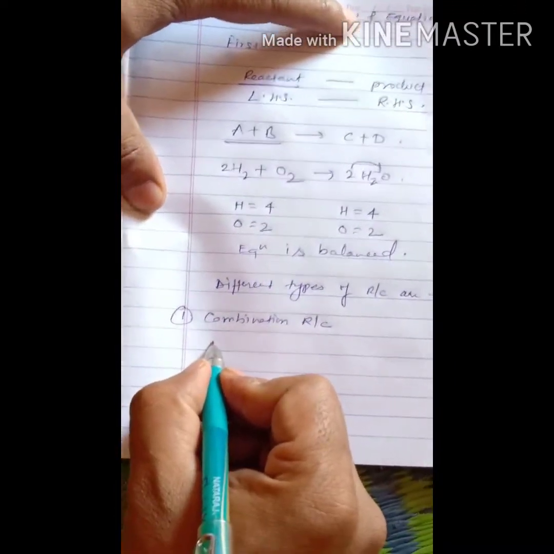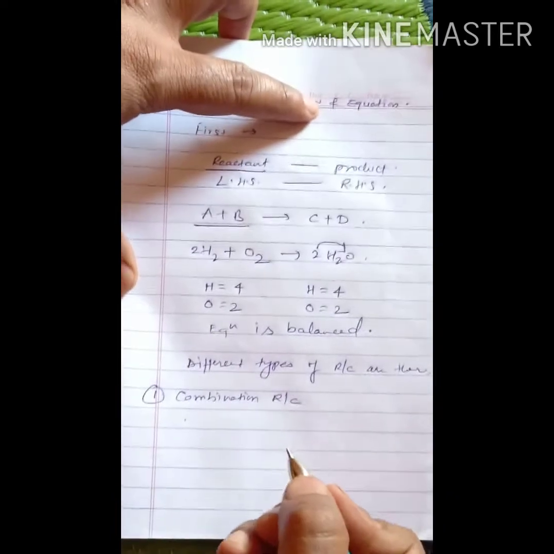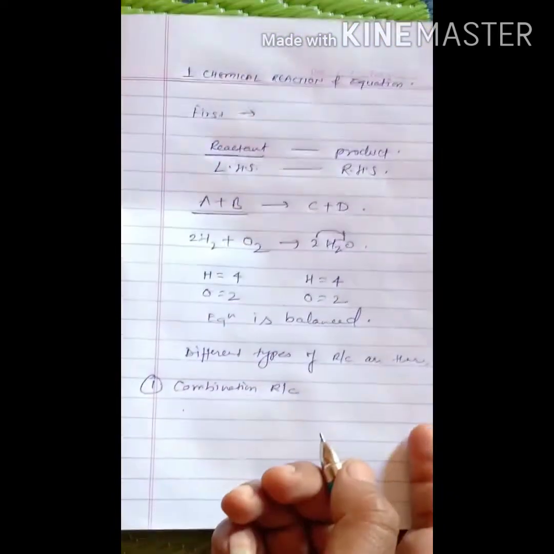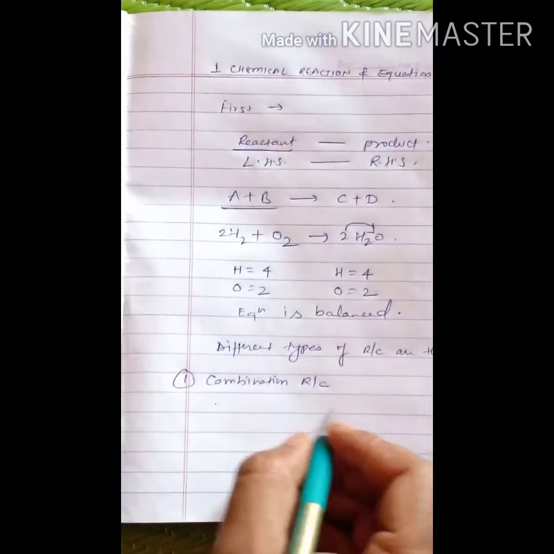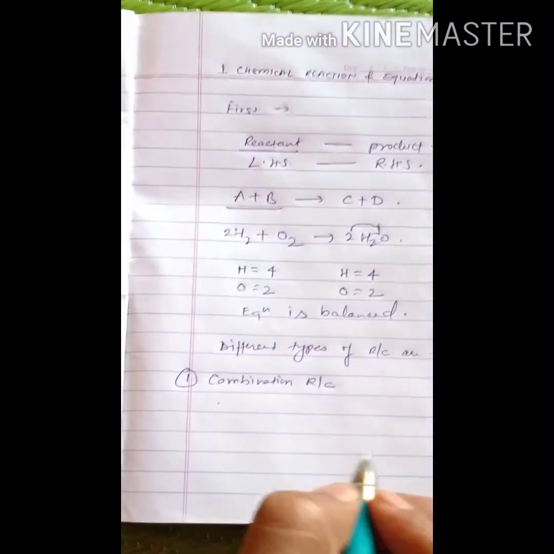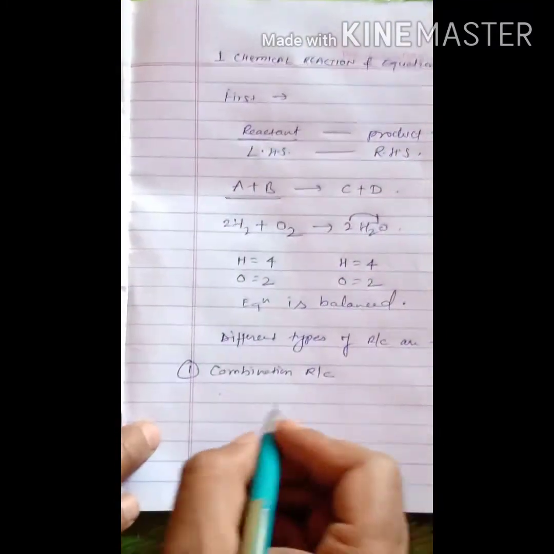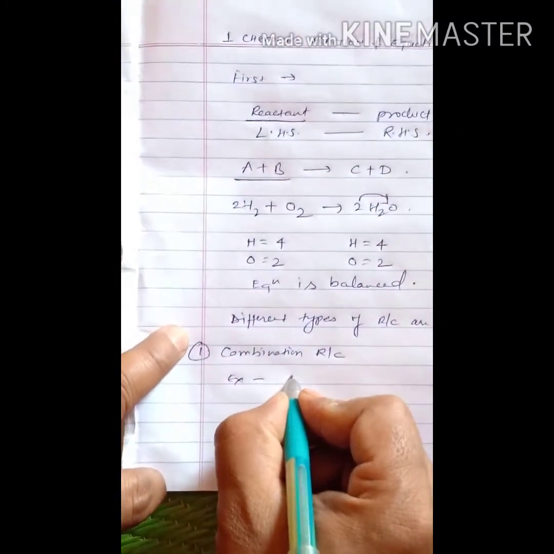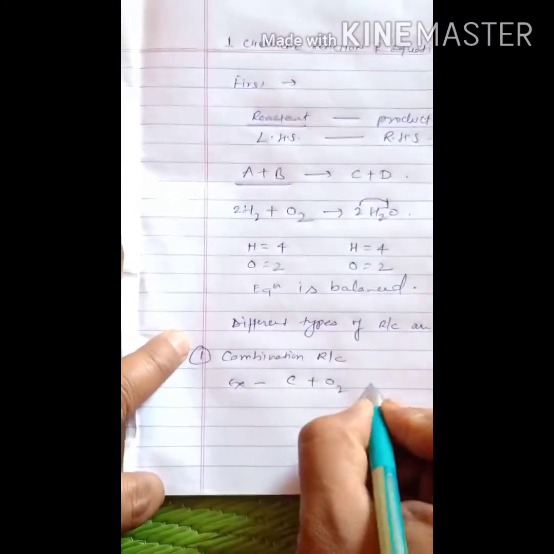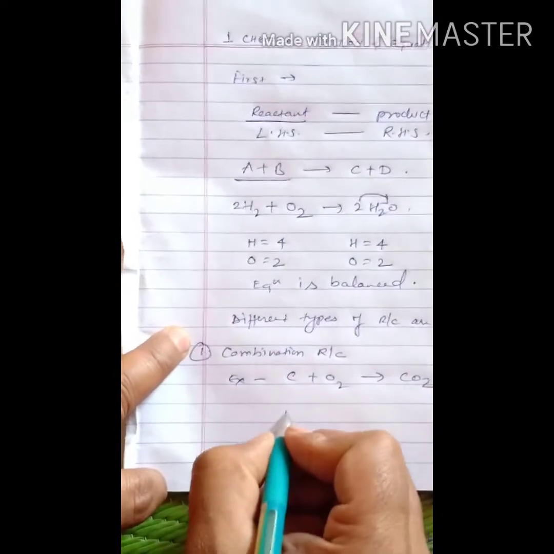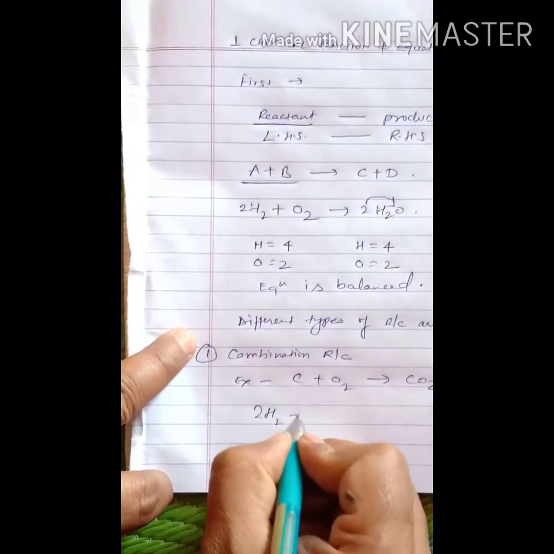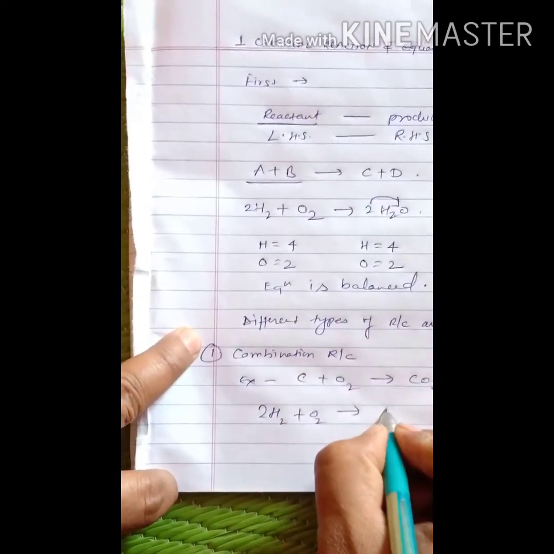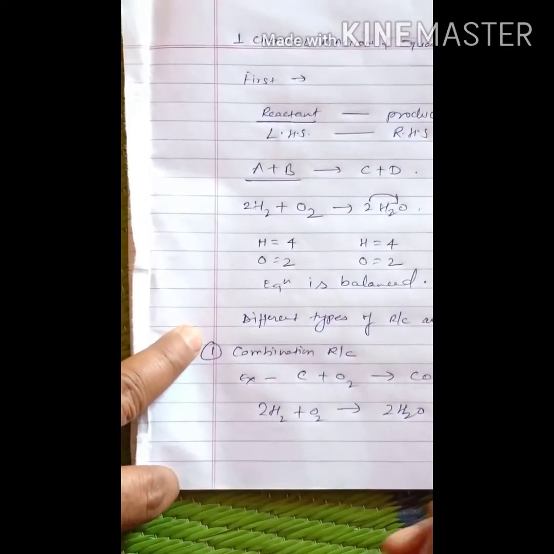In this reaction, when we combine two simple elements or one element and a compound to give a single product, that is called a combination reaction. Example, carbon plus oxygen gives carbon dioxide, hydrogen plus oxygen gives water, like that.